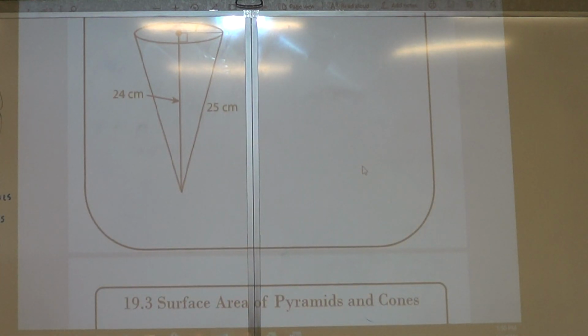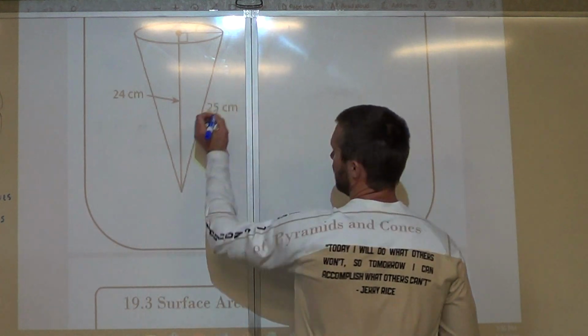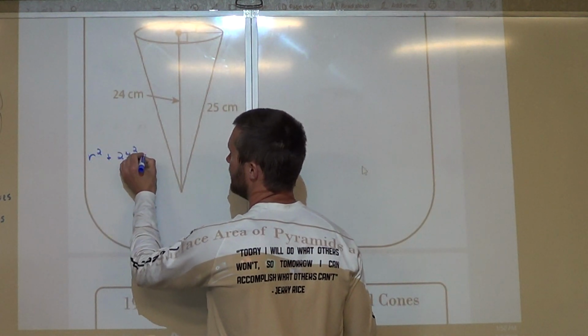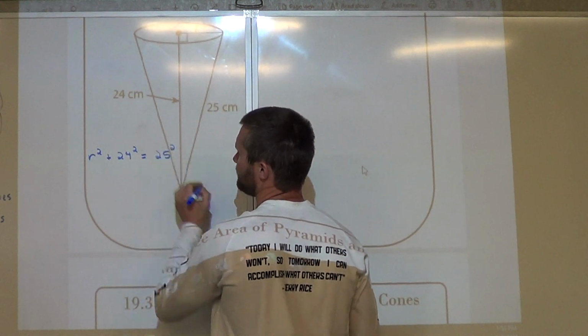When we do that, we're going to do the same thing. We set up the Pythagorean theorem: r squared plus 24 squared equals 25 squared.